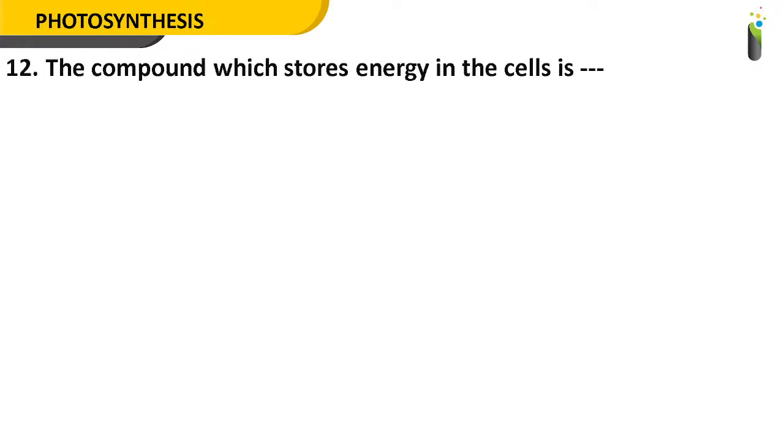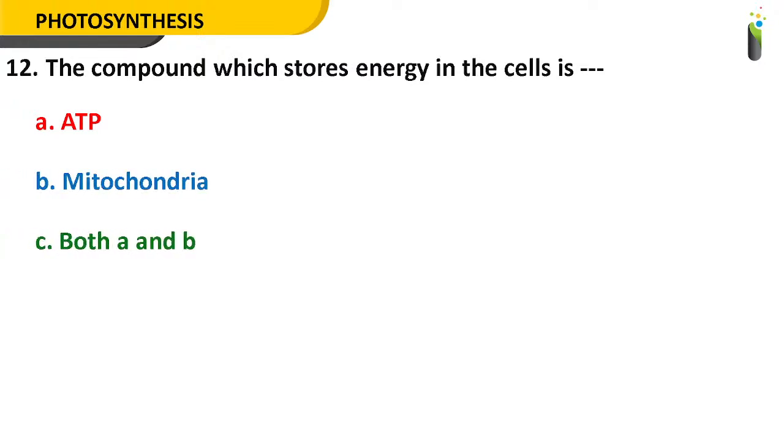Coming to the next question, number 12. The compound which stores energy in the cells is dash. A. ATP, B. Mitochondria, C. Both A and B, D. Glucose. So which is the compound that stores energy in the cells?